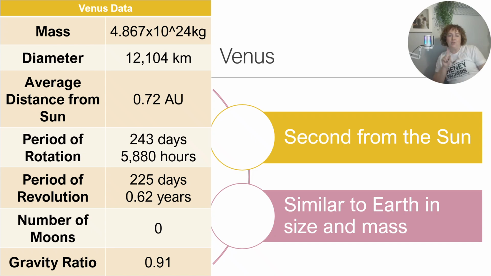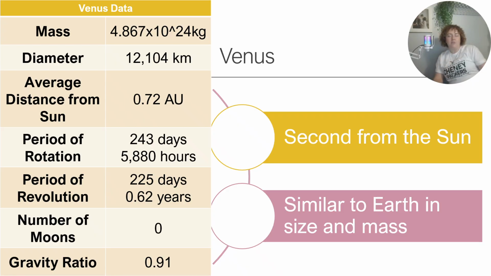So we're looking at probably 8-ish months of the year, is how long this would take. Its period of revolution falls right where it should as far as how far away from the sun it is compared to us, where it takes 225 days to go all the way around.